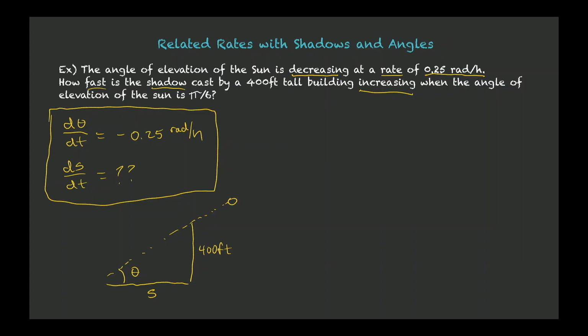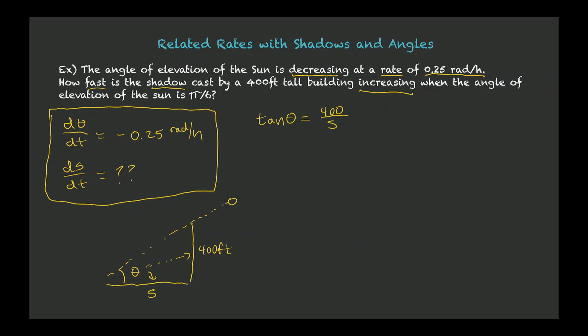The height of the building is across from the angle theta, or the opposite side, and the length of the shadow is adjacent to it, or right next to it. The trig function that has opposites and adjacents in it is tangent. So namely, we have tangent of theta is equal to the opposite side, 400, over the adjacent side, s.